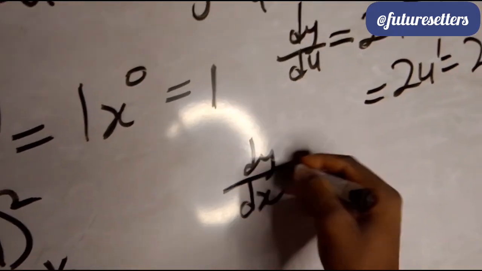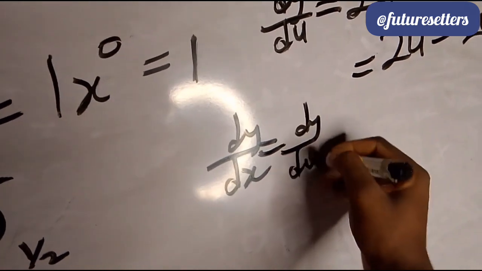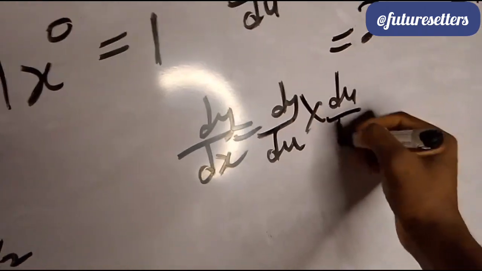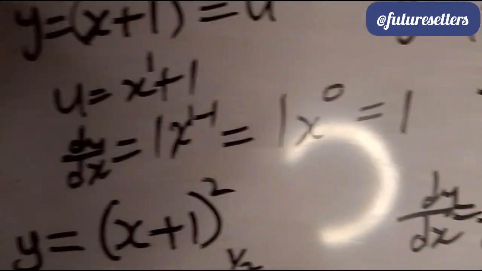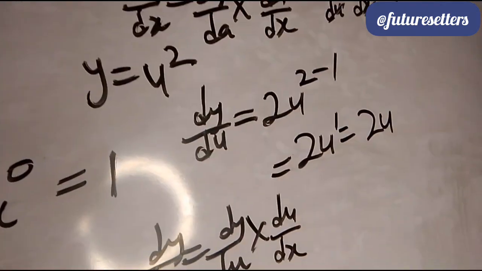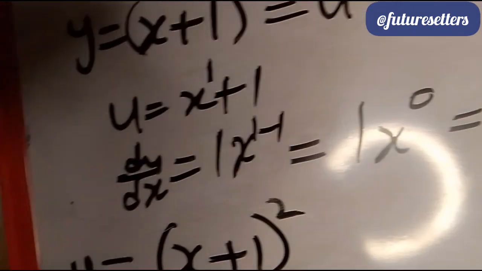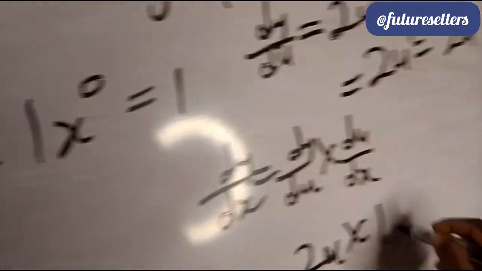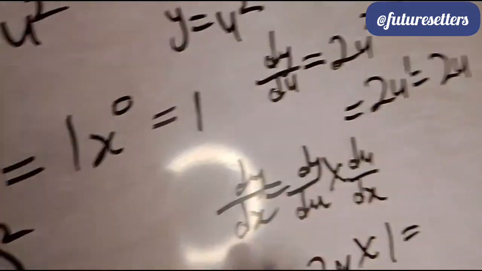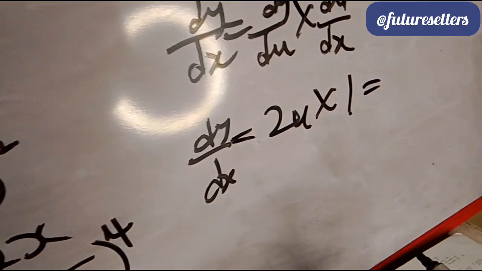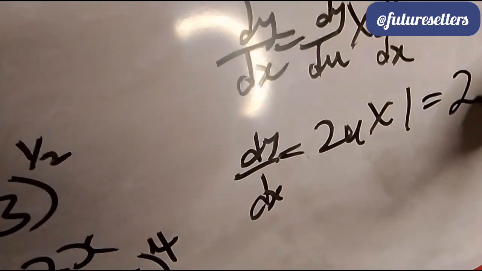So how do we go about this? dy/dx is equal to dy/du times du/dx. So what's dy/du here? dy/du is 2u, du/dx is 1. So what we have is dy/dx is equal to 2u times 1, which is 2u.